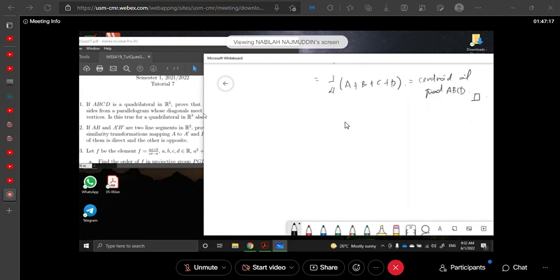We also consider the mapping AB, where the first one is the direct mapping, and this is the opposite mapping.